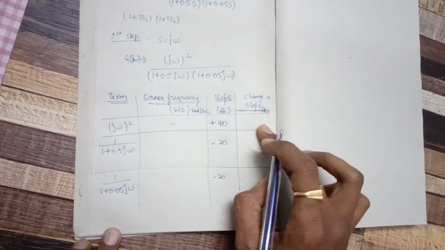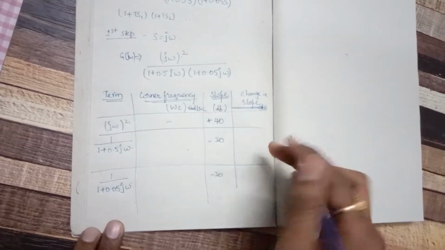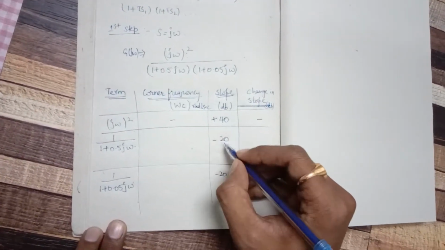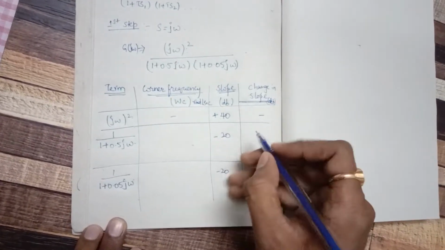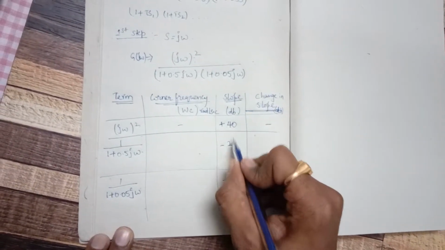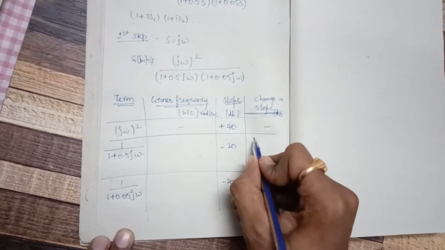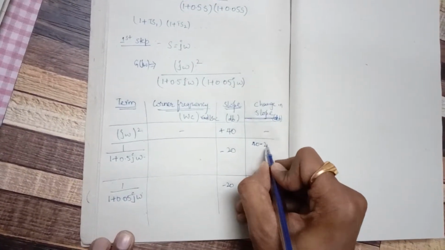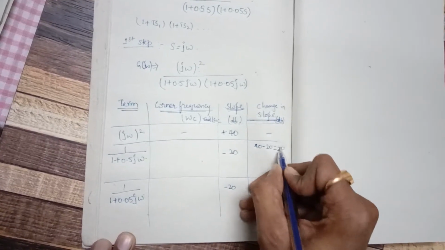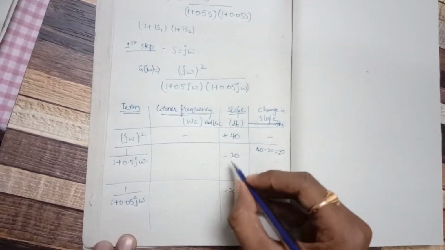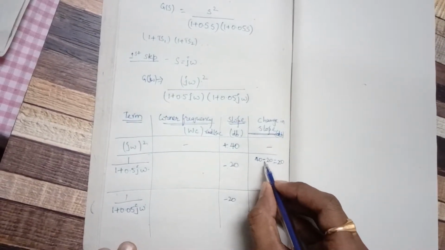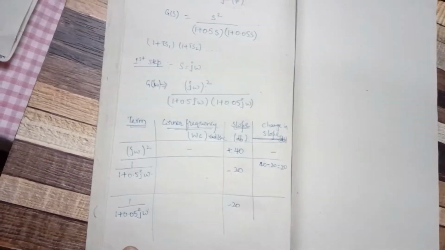Now write the change in slope. How we calculate the change in slope is, leave the first one. In the second one there is a change from positive to negative sign. Whenever there is a change from positive to negative, we add these slopes: 40 minus 20, that is 20. You understand, there is a change from positive to negative, so we have a negative sign.